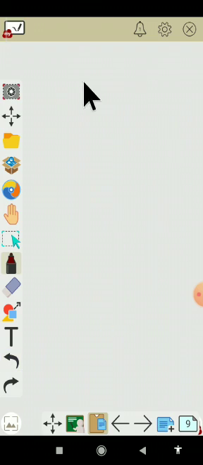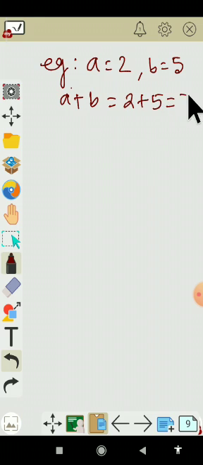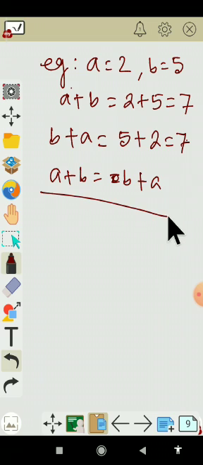That means both sides of the addition will be equal. Example, suppose a equal to 2, b equal to 5. So a plus b, 2 plus 5, that is 7. Again b plus a will be 5 plus 2, that is also 7. So a plus b equal to b plus a is satisfied. That means it is commutative.